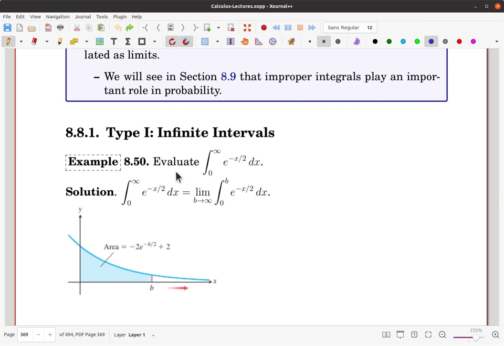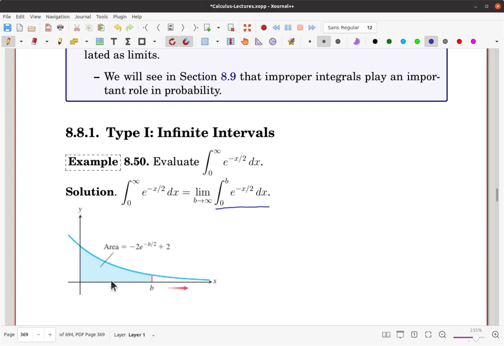Evaluate the integral from 0 to infinity of e to the minus x over 2. For this problem, we chop the domain up to b, and after getting this integral, we take a limit as b approaches infinity.